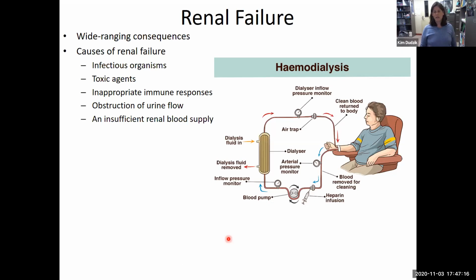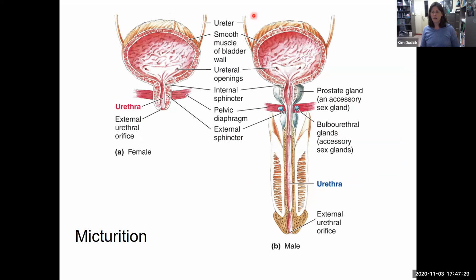And then we get to the end. So now the collecting duct collects all that urine, and it goes into the renal pelvis, and it gets into the ureters. And here our ureters are connecting to the urinary bladder. And we can store the urine there until enough pressure builds up, and it puts pressure on the internal sphincter, which is involuntarily controlled.